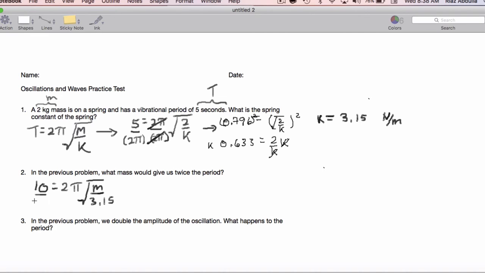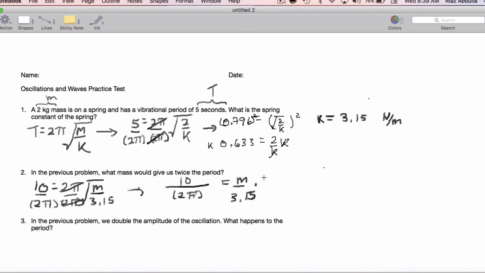Let's begin by dividing by 2 pi on both sides. Again, I'm going to use the parentheses. That cancels here. So I'm going to end up getting 10 divided by 2 pi equals the square root of m over 3.15.